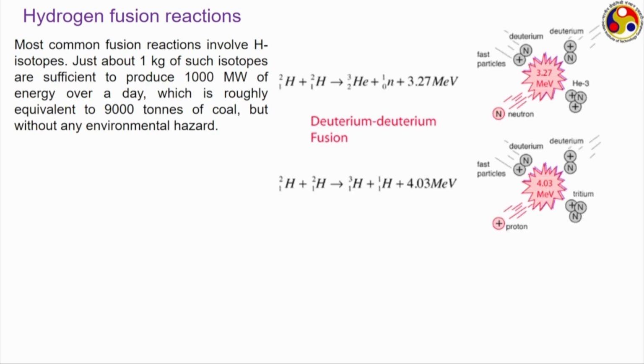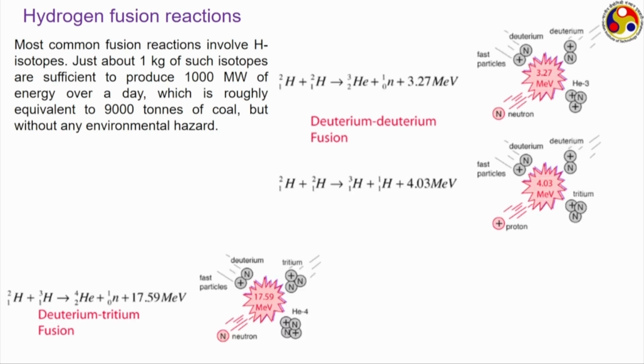It is also possible for the deuterium to react with the tritium, particularly if we fill a reactor with only deuterium, then initial two reactions will be these two only. But by virtue of these two reactions, particularly the second reaction, we have tritium production, and now the deuterium can react with the tritium also to produce helium, and that gives us 17.59 MeV of energy.